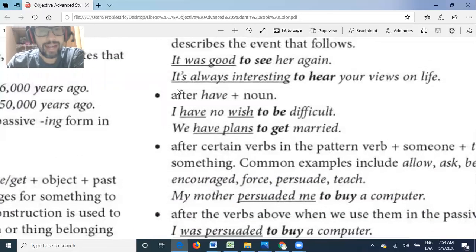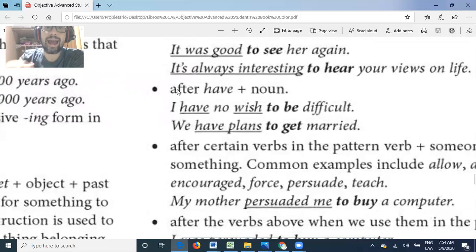Also, after have plus noun. For example, I have no wish to be difficult, or we have plans to get married. Okay, so that's another formula that we need to learn on when to use to.